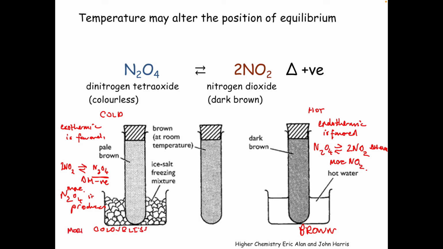And we'll see more colourless. Because it's an equilibrium, there will still be some nitrogen dioxide in there, but it's going to be more colourless than the one at room temperature or the one at the hot temperature. What we're going to do is watch a video of this so we can actually see it in person, a lot clearer.